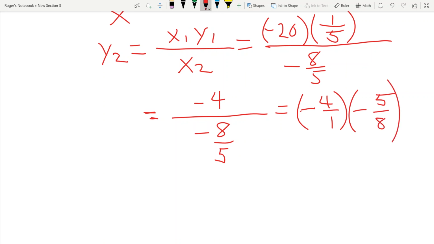And then we can say, well, 4 goes into itself 1 time. 4 goes into 8 2 times. So how does this work out in the end? It's going to be equal to a positive, because a negative times a negative is a positive, positive 5 over 2.